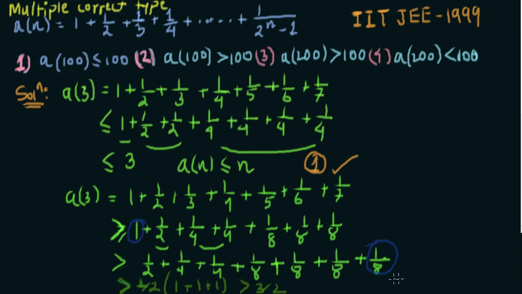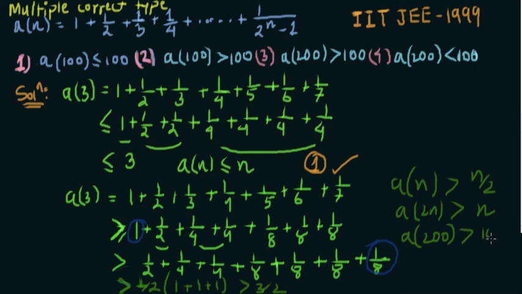So you can pretty easily see that the pattern would be that a_n is greater than n by 2, right? In place of n, if you put 2n, then it's apparent that a_2n is greater than n, right? Now if you put 200, then it's pretty evident now, right? a_200 is greater than 100, right?